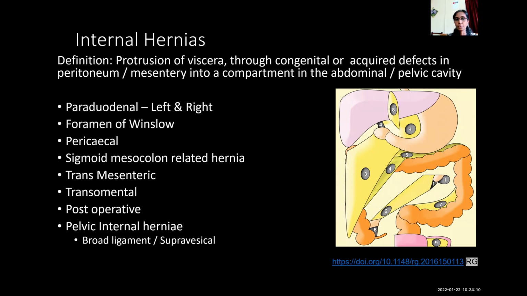If you think through any of these peritoneal reflections or attachments, you could have an internal hernia. That will mentally simplify things without you having to mug up this list.